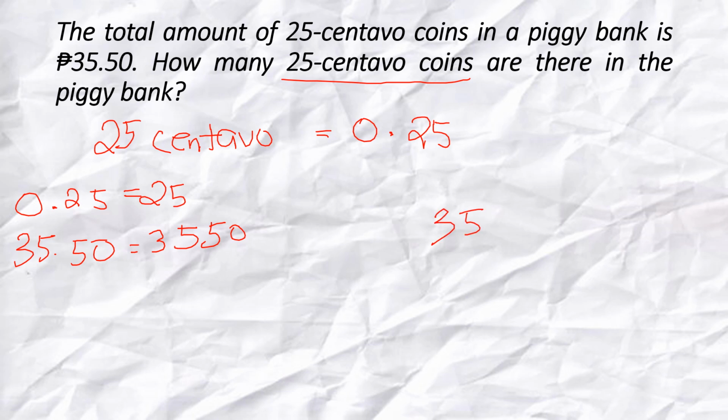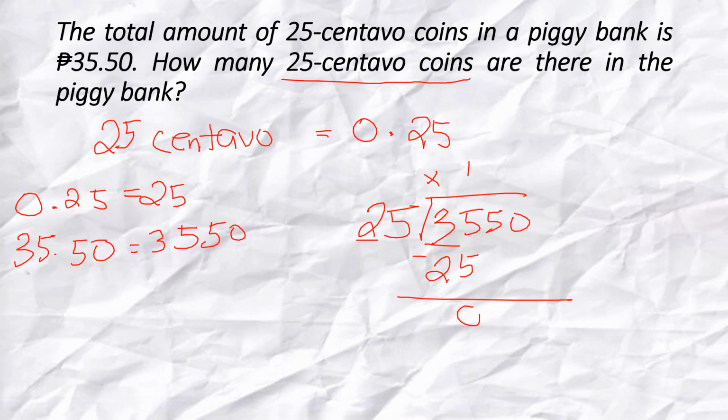So 3,550 divided by 25. 35 divided by 25, that is 1. 1 times 25 is 25. This is 0, this is 1, and then this is 5. 105 divided by 25 is 4. 4 times 25 is 100. 5 minus 0 is 5. 0, 0, bring down 0. 50 divided by 25 is 2. 2 times 25 is 50. 50 minus 50 is 0.